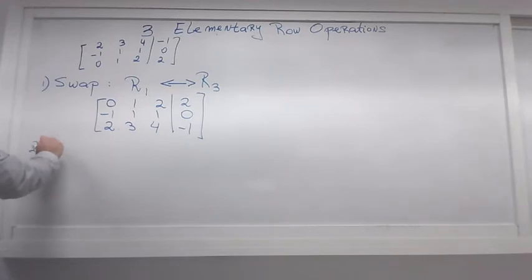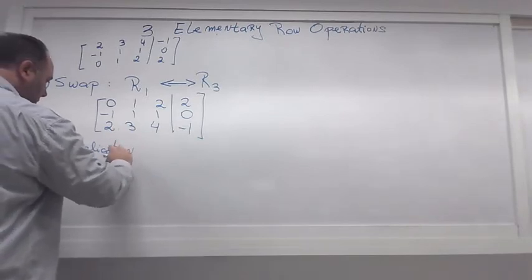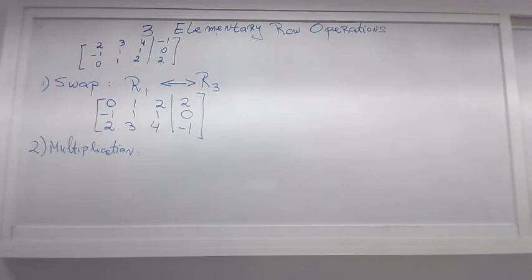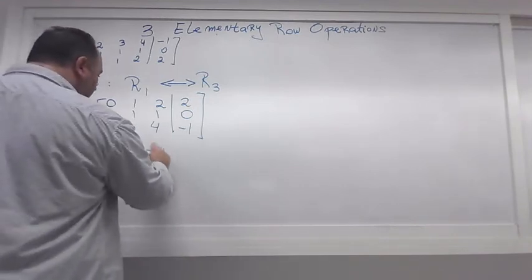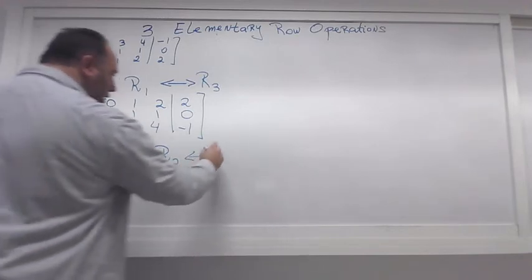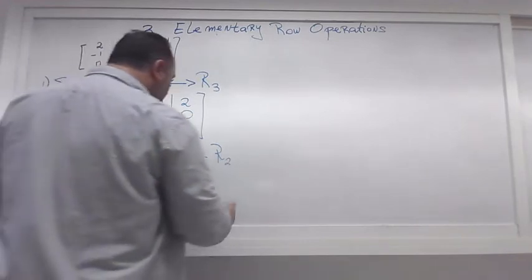Second one, multiplication. So I multiply by a constant. Let's say I replace row 2 by row 2 times some number, let's say 6.